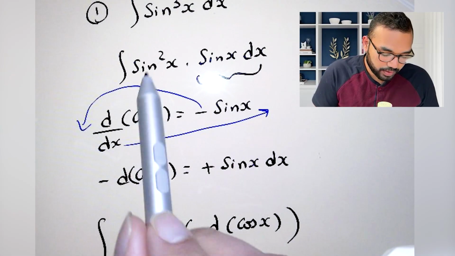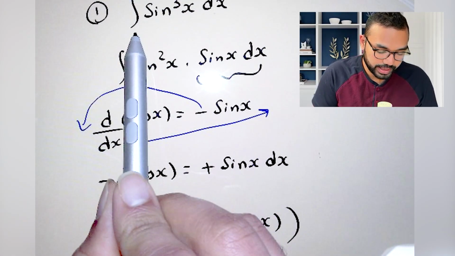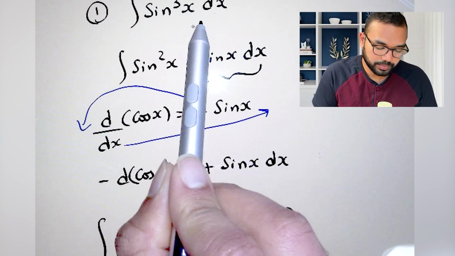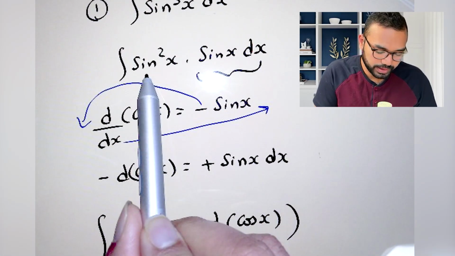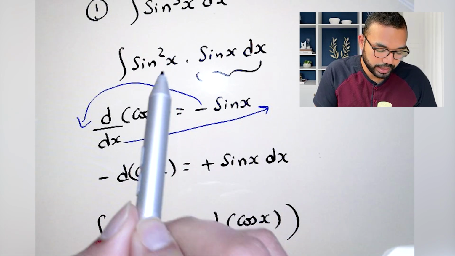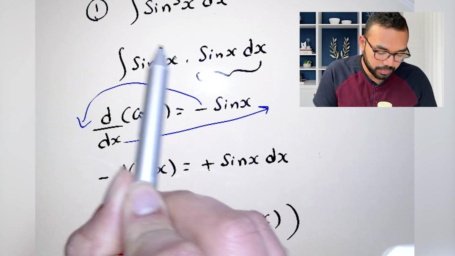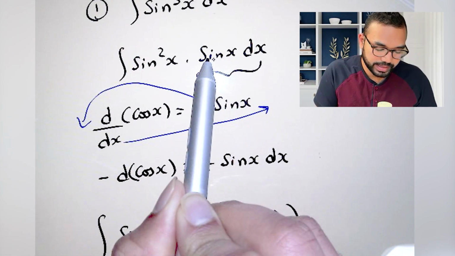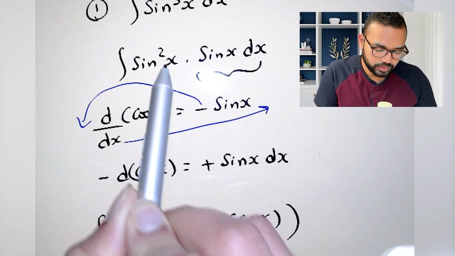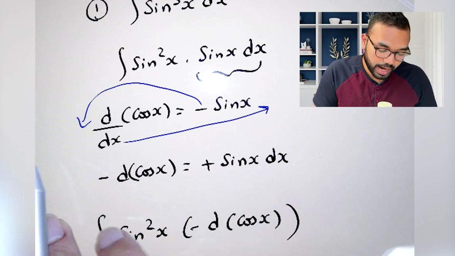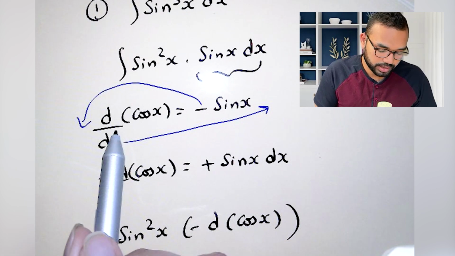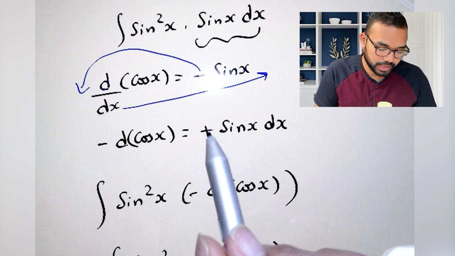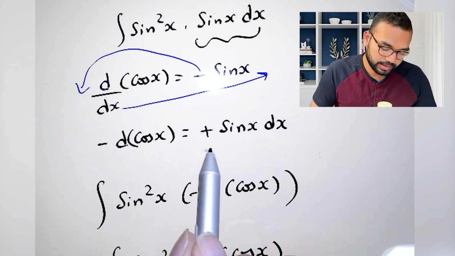Let's summarize what we just did. Our problem is to integrate sine cube x with respect to x. The first step I did is to split this odd power into one even power and sine x dx. I know that I can write this sine x dx as d of cos x, so sine x dx will be minus d of cos x.